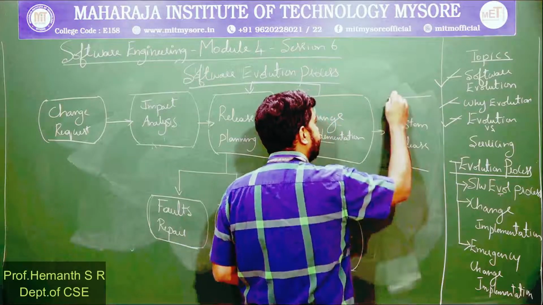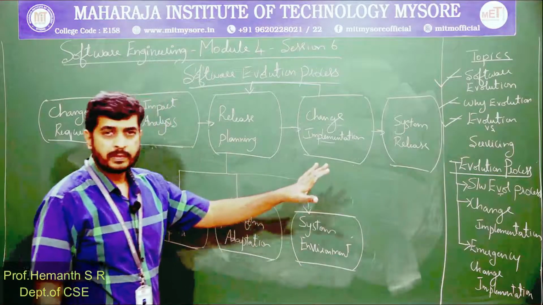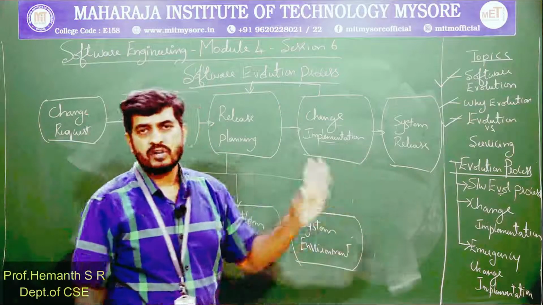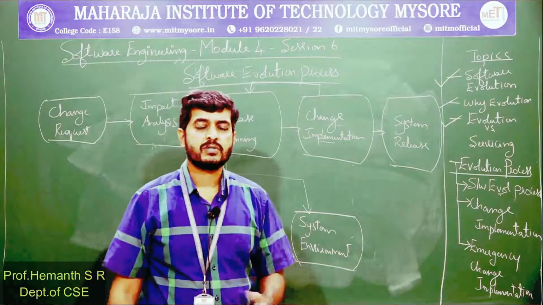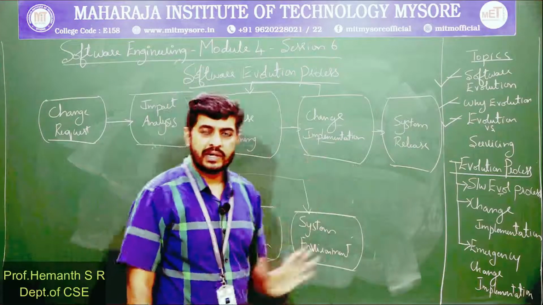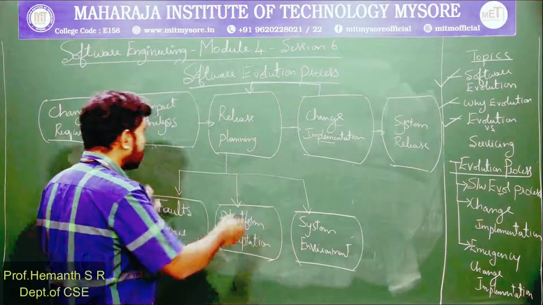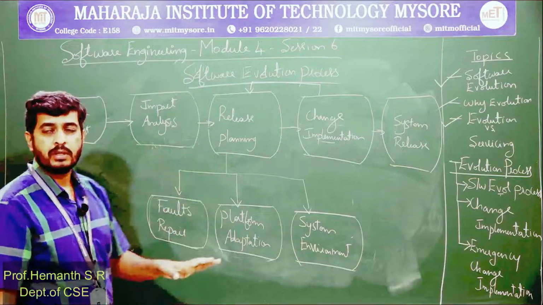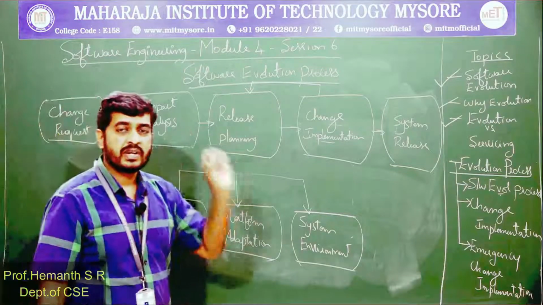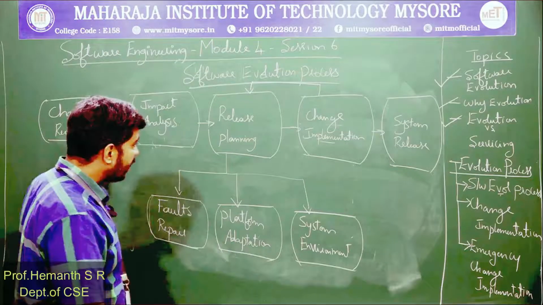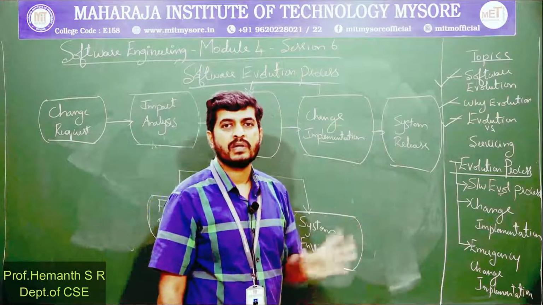This is the point where the software product, not exactly a new product, but the existing software product with modifications and changes, is given back to the client for deployment and usage. This is the process of software evolution, where a change requested by the client is incorporated into the system and released back to the client.